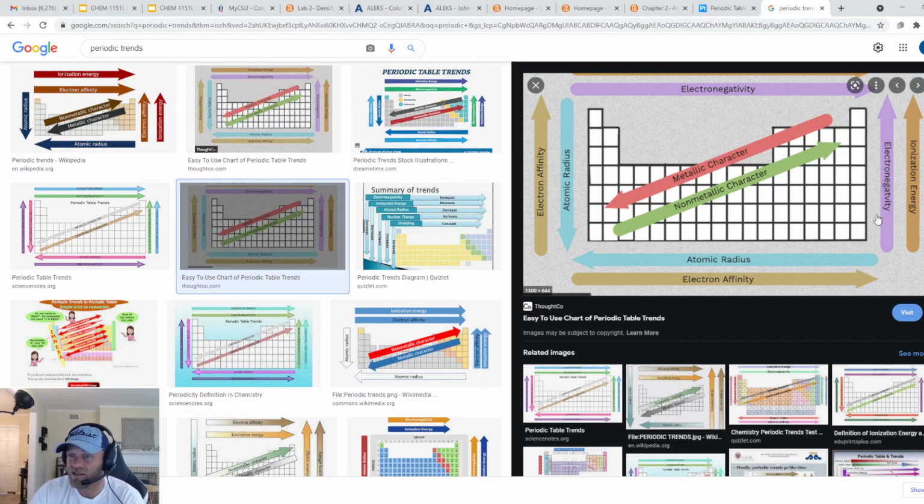Electronegativity we'll talk about later, but it pretty much peaks at fluorine and oxygen, and then everything else is lower in electronegativity. And that's just how much it likes to hold electrical charge, how much it wants electrons. So very similar to ionization energy as well.